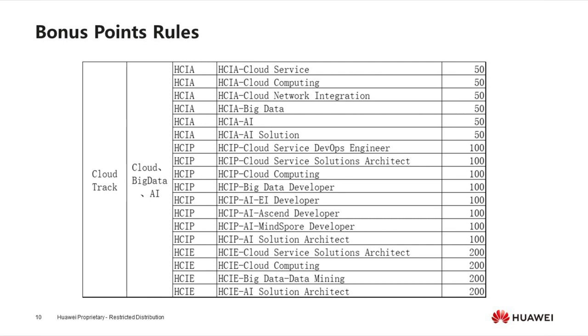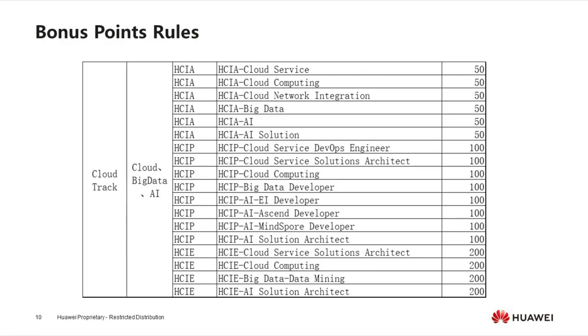However, it doesn't mean that any HCIE certificate can give you extra score for CloudTrack. It has to be related to cloud. So cloud service, cloud computing, network integration, big data, AI, and AI solution, all of these directions would be fine.